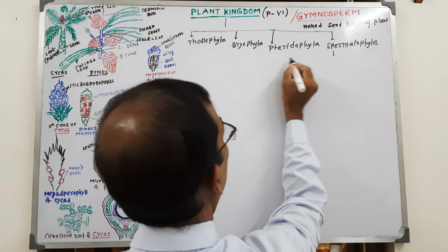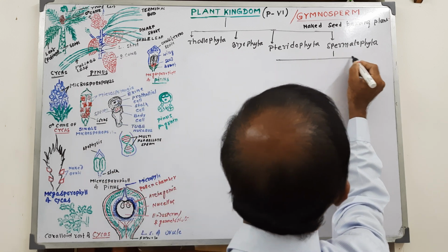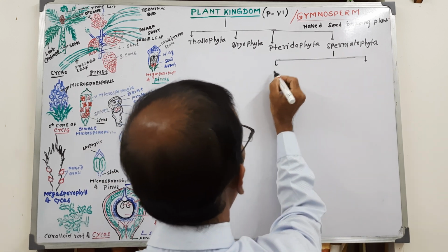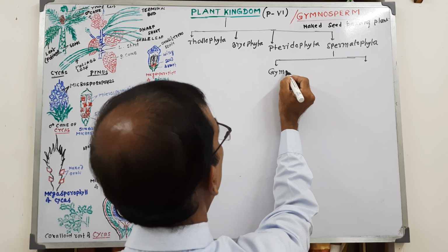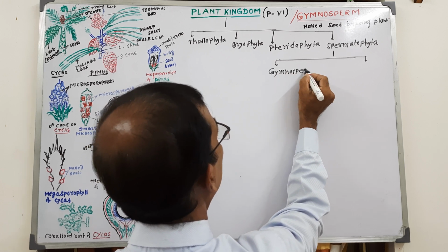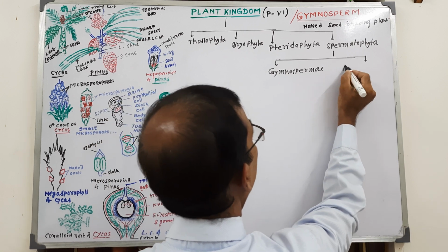Spermatophyta, this is the 4th division, is subdivided into Gymnospermy and Angiospermy.